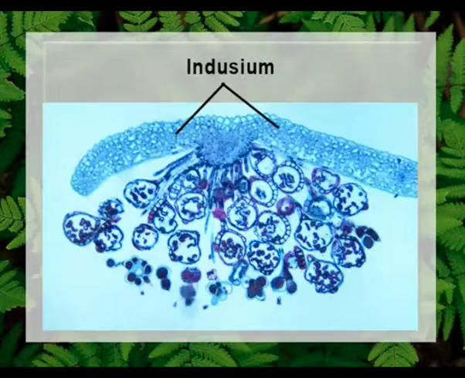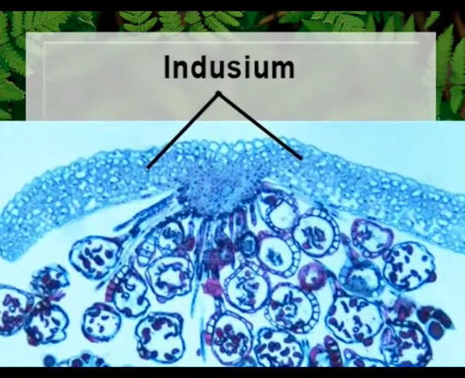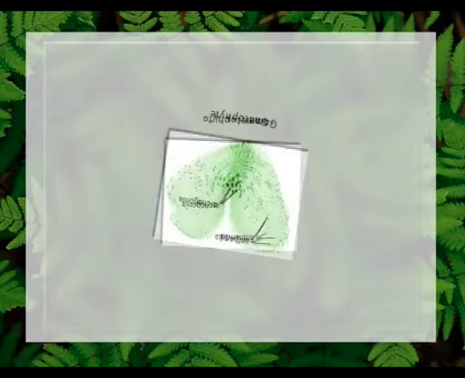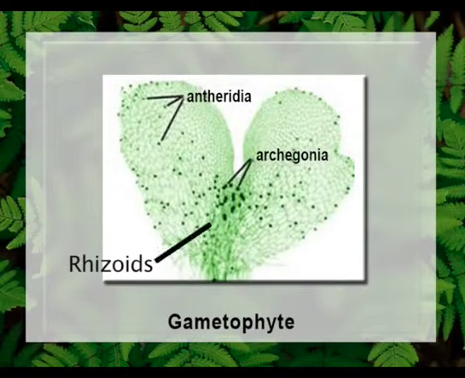The sori may or may not be covered by a flap of tissue called the indusium. Here in pteridophytes, the gametophyte is a small, heart-shaped structure covered with rhizoids on the lower surface but without vascular tissue. The antheridia are borne among the rhizoids and the archegonia occur close to the gametophytic apex.